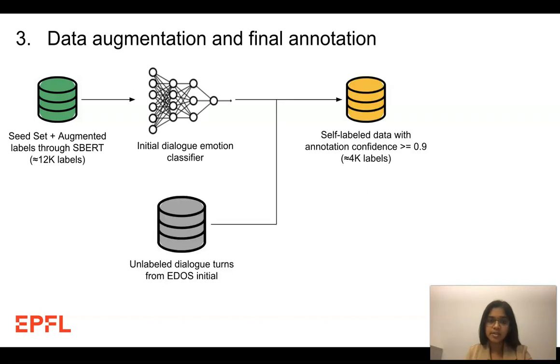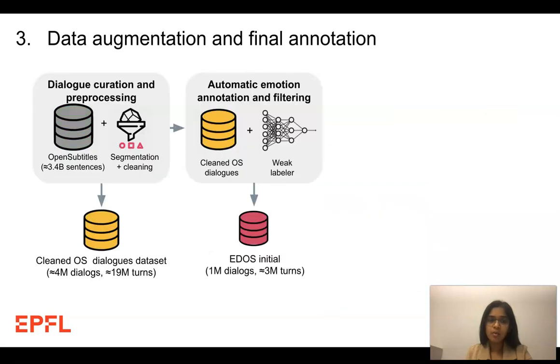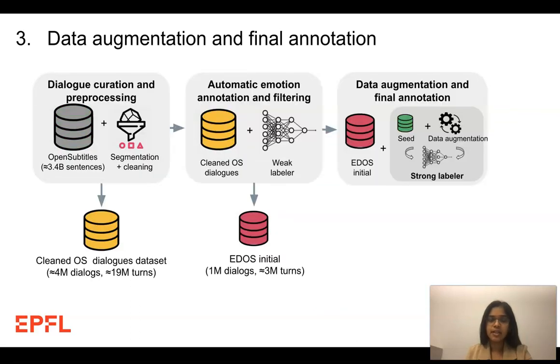And then we used a self-labeling approach and added 4,000 more labels with a confidence of over 0.9. We again used Sentence-BERT to expand the self-labeled data and retrain the classifier. We call the final dialogue emotion classifier obtained in this manner the strong labeler. It achieved an accuracy close to 65%.